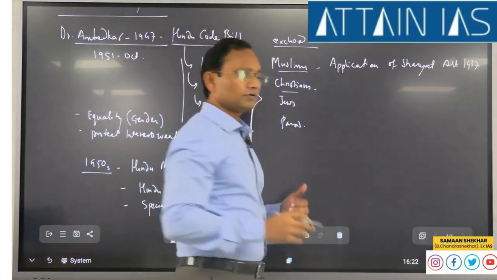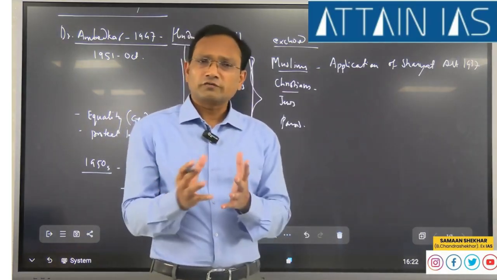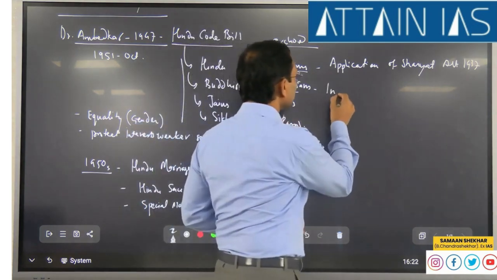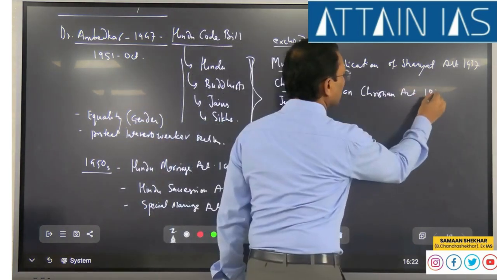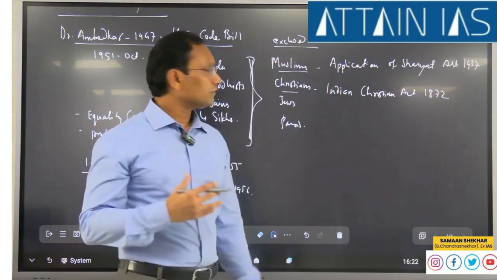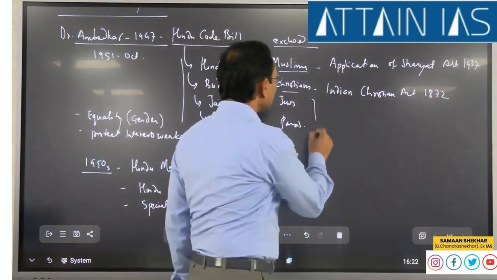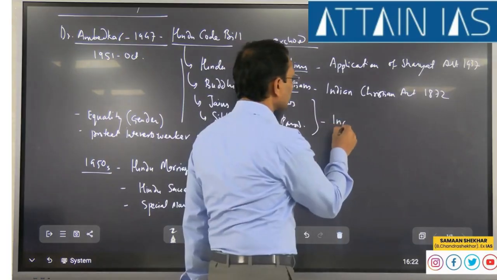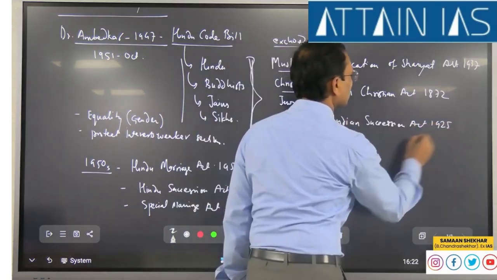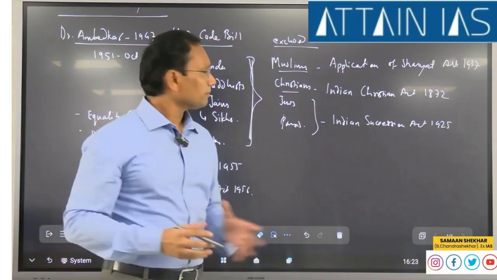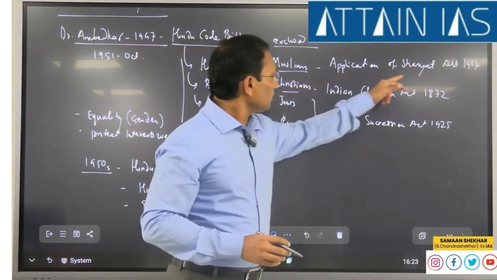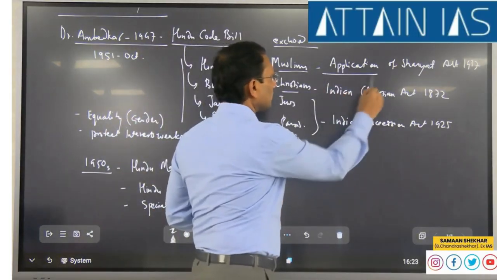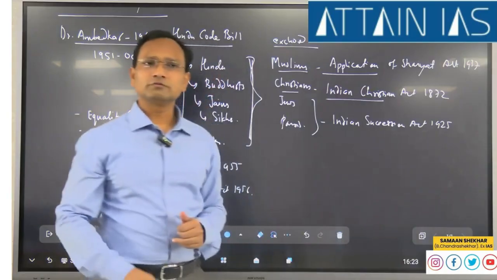Christians do not have such a codified personal law covering all aspects, but Christians were governed by the Indian Christian Marriage Act. That was a very old act of 1872. Jews, Parsis and Christians together were also governed by the Indian Succession Act of 1925. If you see, there were so many different laws applicable to different religions.